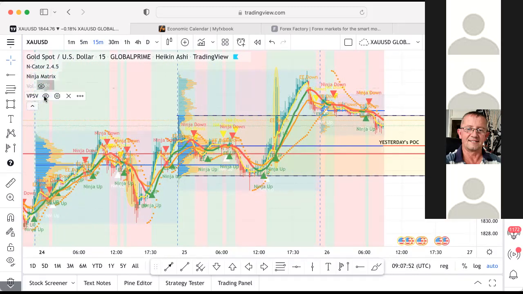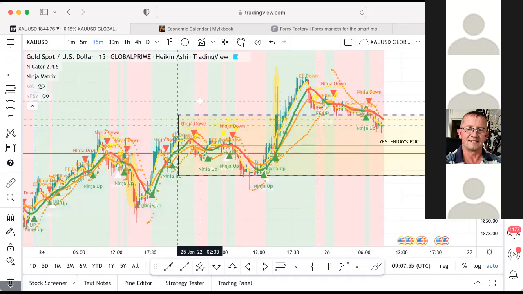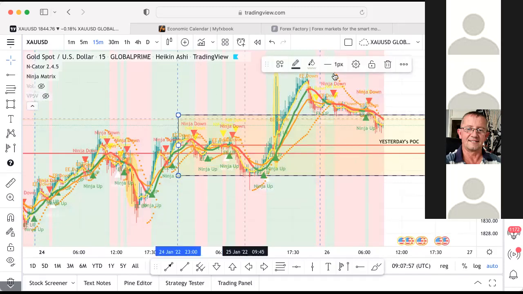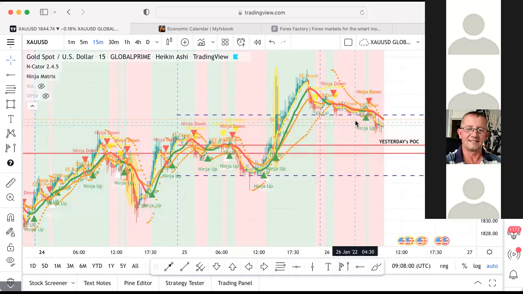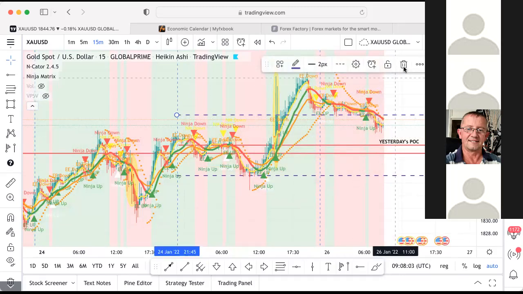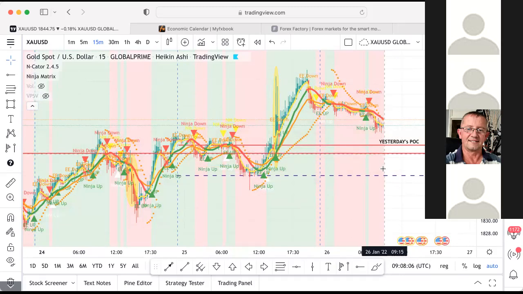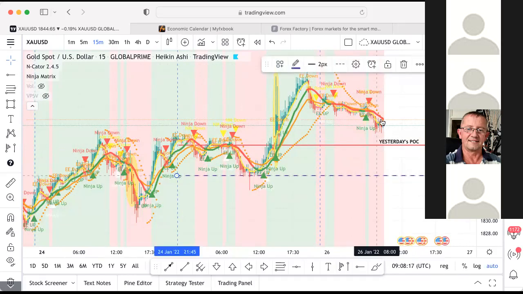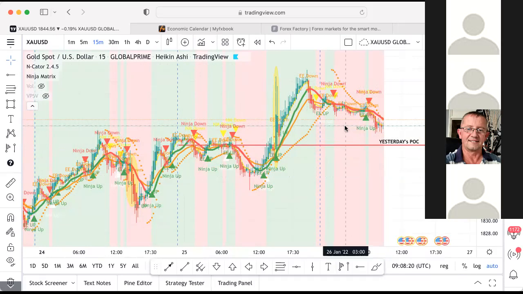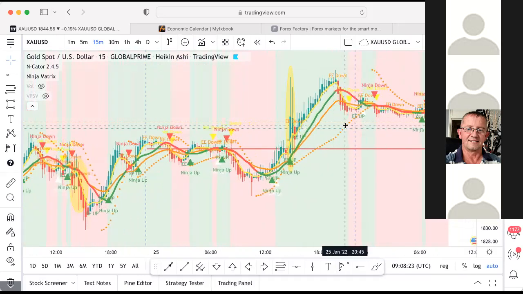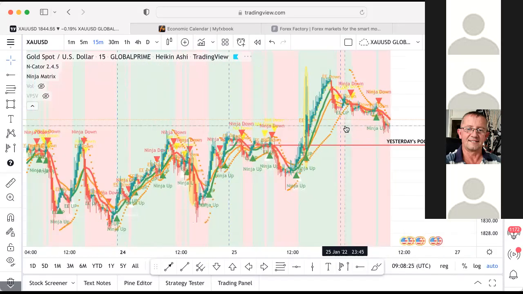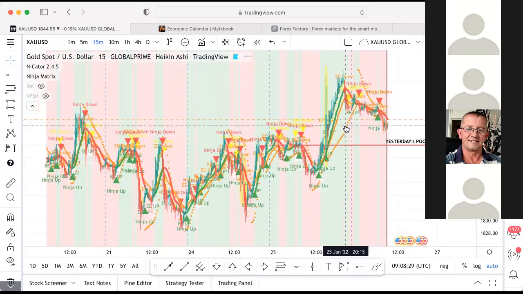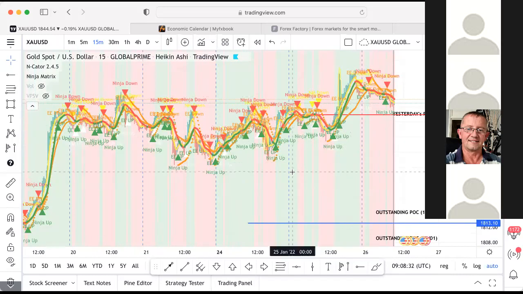Right, okay, so let's take off today's. I'll get rid of that as well for now. Monday and Tuesday presented some really classic examples of this strategy in action, so I think it would be wrong not to use them in this session.